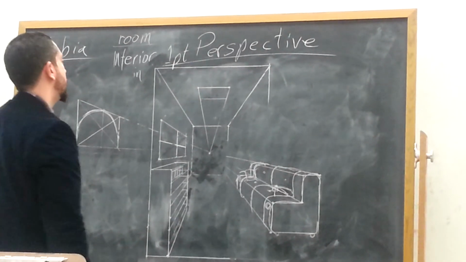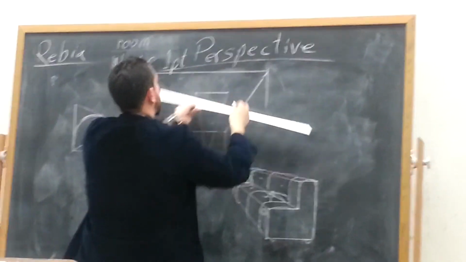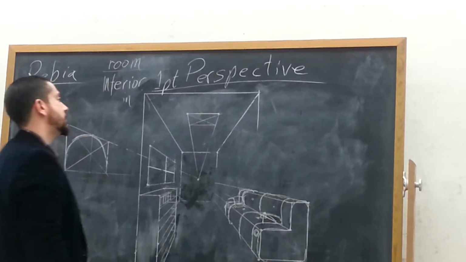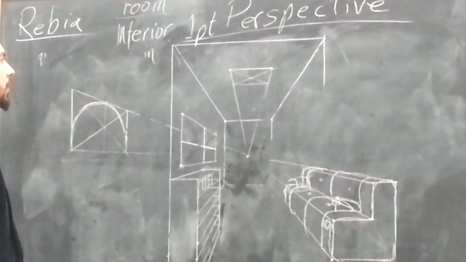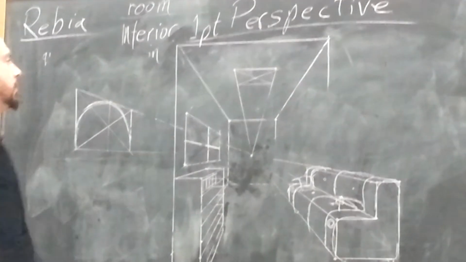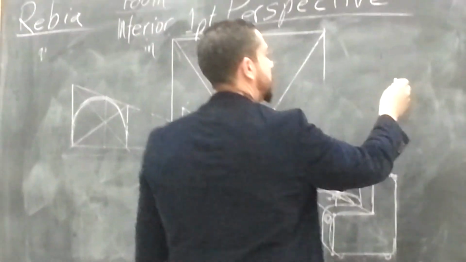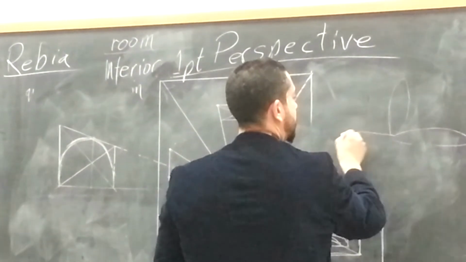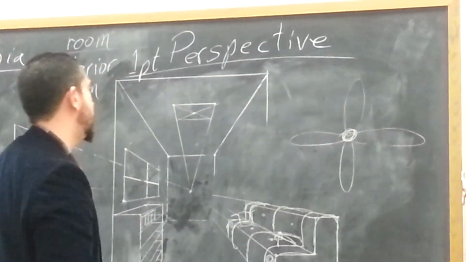Now we're going to find the center. From the center, that's where the wings on the fan are going to stem off of, like a little propeller.